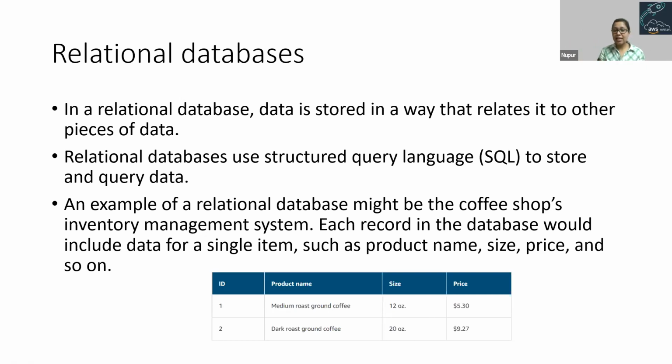Take the example of a library: we have some books, we take a book, we issue the book. They keep the record that this is the book ID, this is the book name, this is the person who has issued the book, and this is the date on which that person issued it. So we can keep the information in a table format. That is what the relational database is.